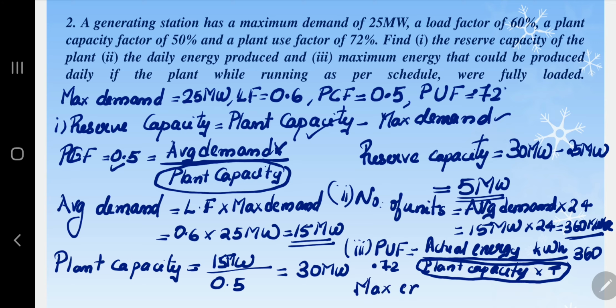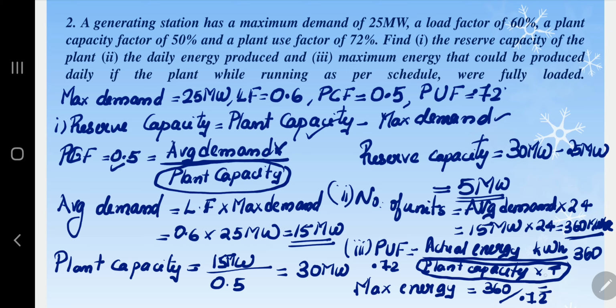The maximum energy that could have been produced is equal to the actual energy, 360, divided by the plant use factor, 0.72.